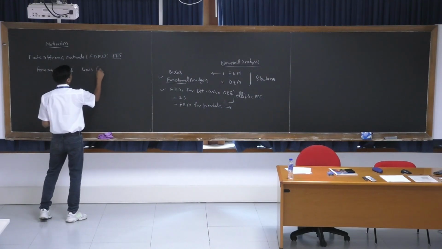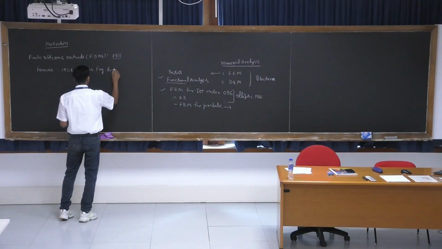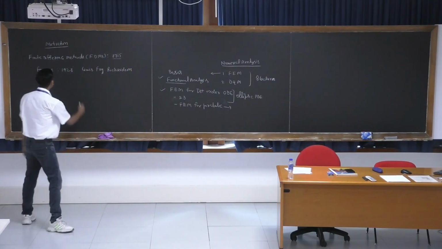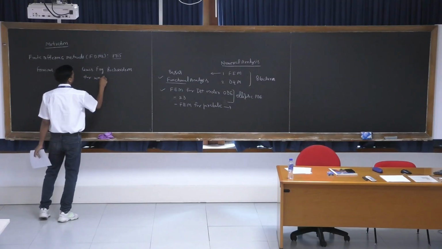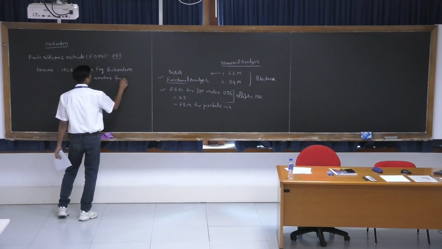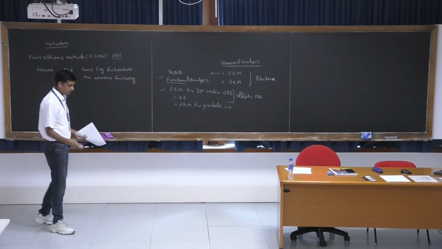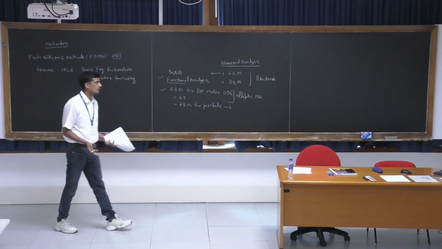In 1928, Lewis Fry Richardson used the finite difference method for weather forecasting, because in weather forecasting partial differential equations occur.